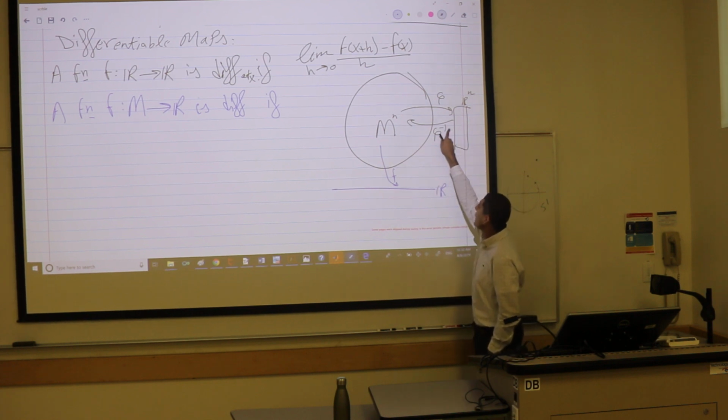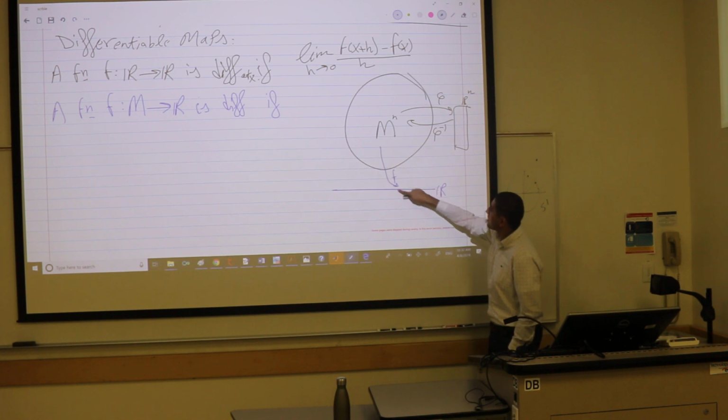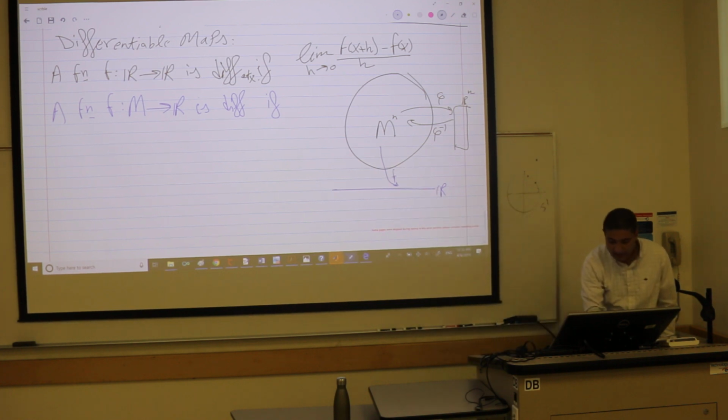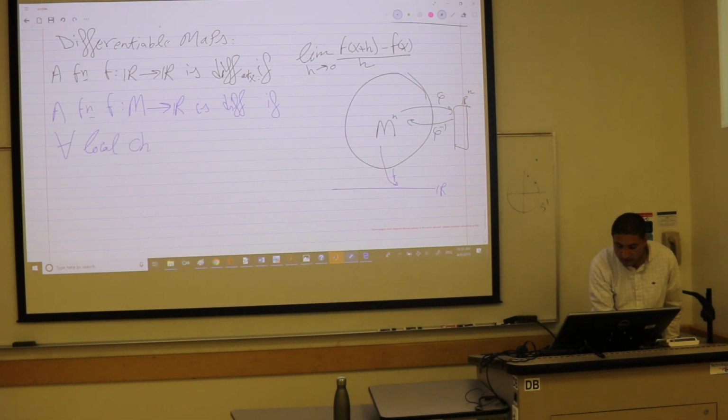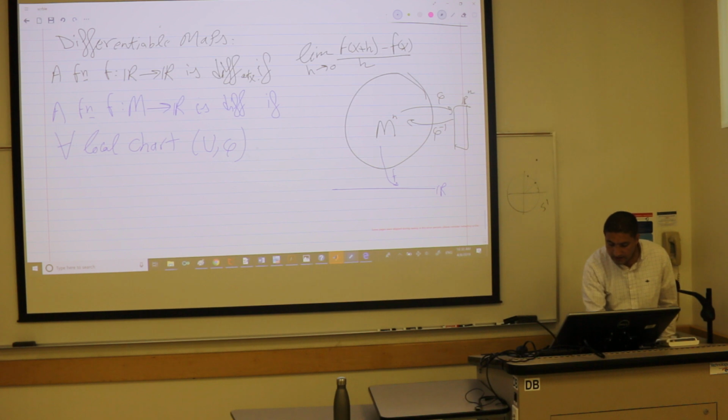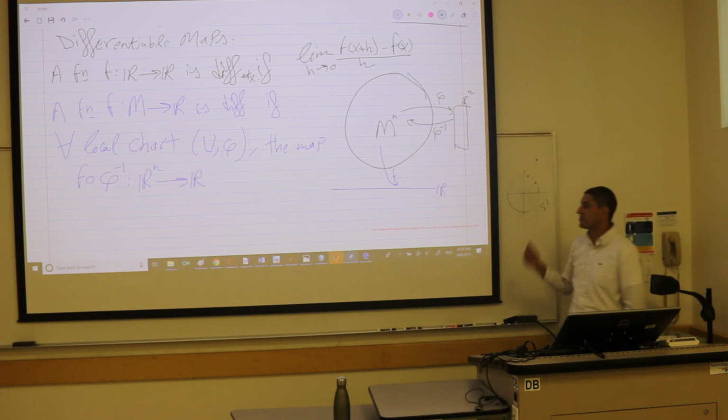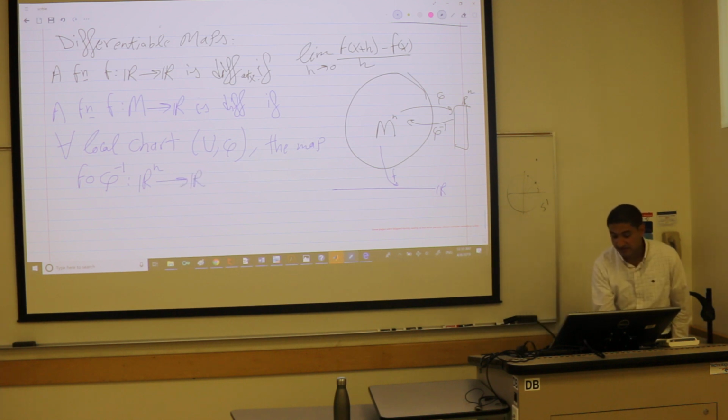So if I have this map and compose it with f, for any local chart U and phi, the map f composed with phi inverse. This is a map from where to where? From Rn to R. Wow, this is a map that I'm very comfortable with. And I can define its differentiability.